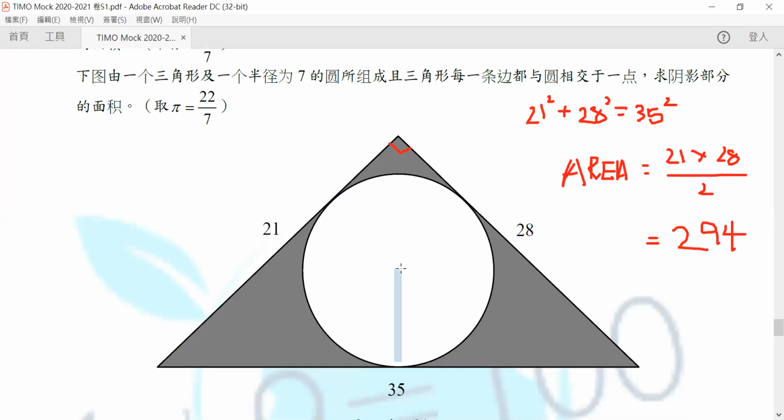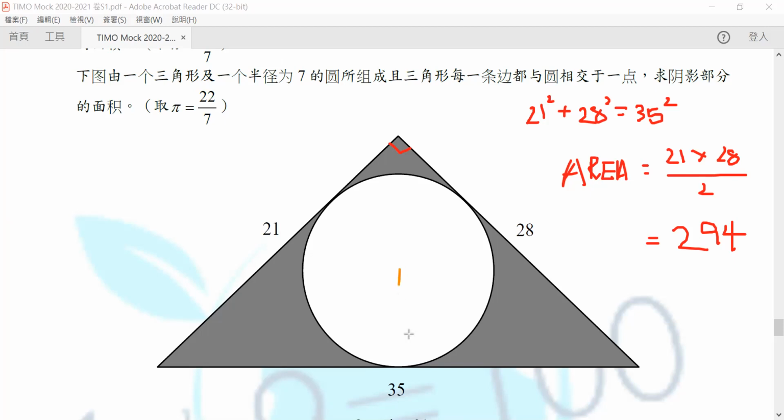Since we say that the radius is equal to 7, why 7? How can we be so sure that it is 7? This is a good question. It might not be 7. Now, let us find out how to calculate.